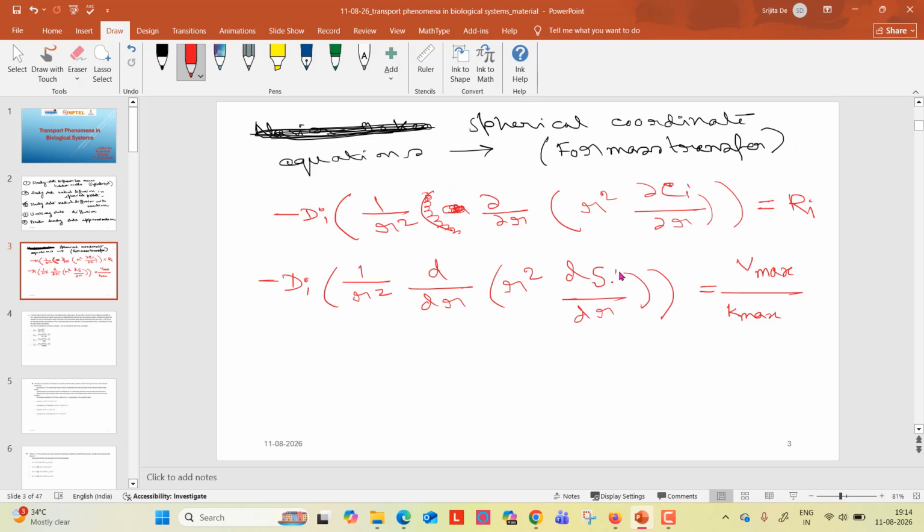That means whatever is coming in the pellet, that enzyme is immobilized in the pellet, and there is a reaction associated with the enzyme. So it is Vmax times S by Km plus S. So these are the rate of the enzymatic equation.